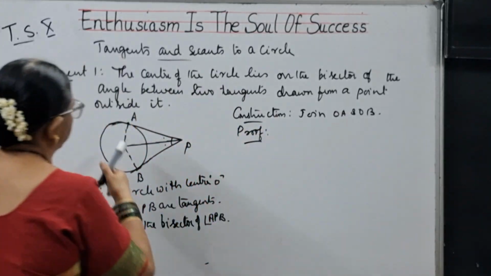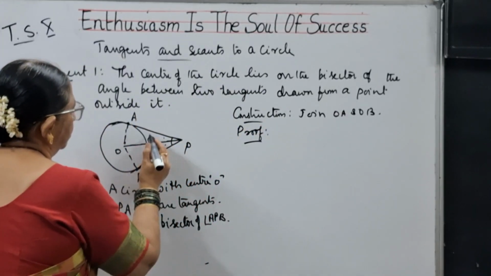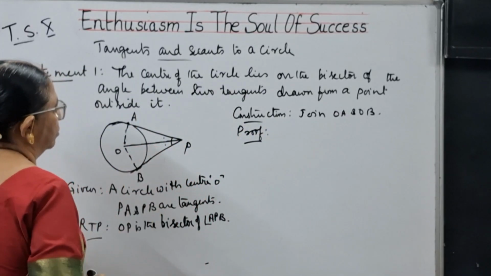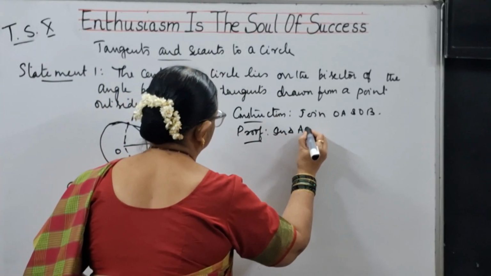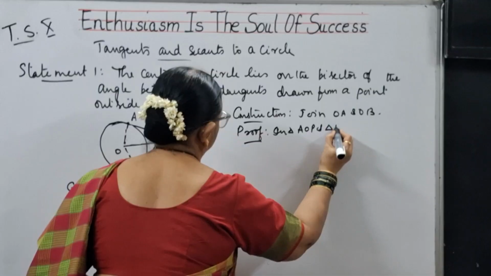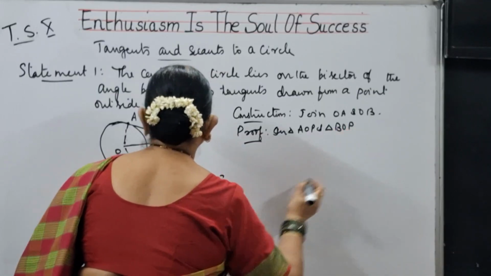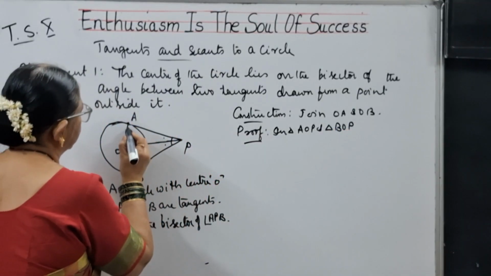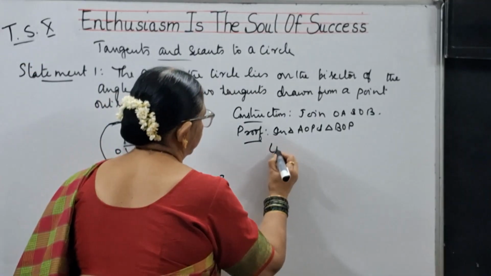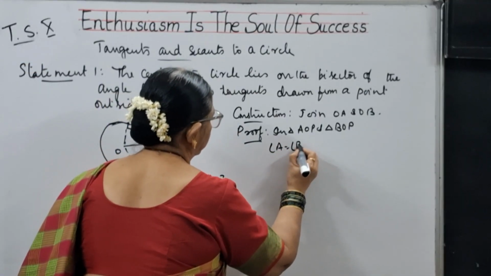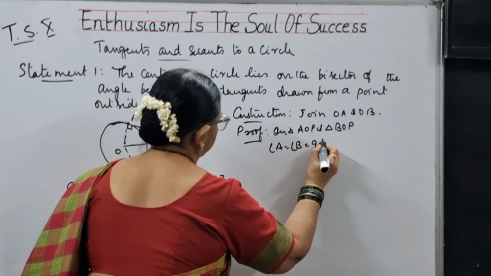See, when you are joining OA and OB, you are getting two triangles. So in triangle AOP and triangle BOP, in these two triangles, angle A is equal to angle B, that is 90 degrees.